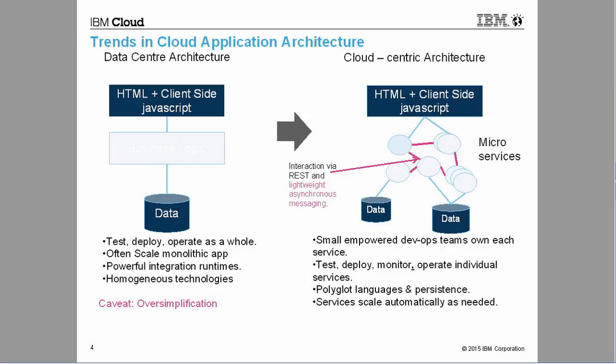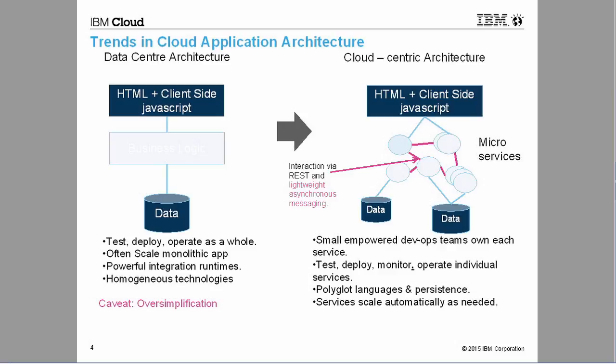There are small empowered DevOps teams that take care of this microservice architecture in the cloud-centric world. Implement all your services as microservices, with REST and lightweight asynchronous messaging implemented in those services. That will be a great view of the trends in cloud architecture. Those are the two key differences.